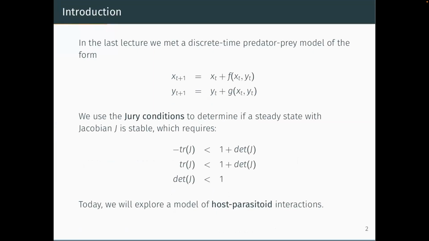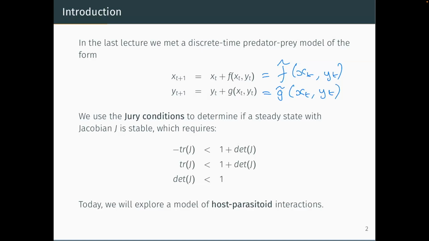Okay, so last time we met the general form of a discrete time predator-prey model, or a discrete time model of species interactions in general, which is of this form here. x_{t+1} is equal to x_t plus some function f of x_t, y_t, where f is giving you the change in species x, and then y_t similarly with its own updating function. And we can write these alternatively as just f tilde of x_t, y_t, some other slightly different function. They're both equivalent, right?